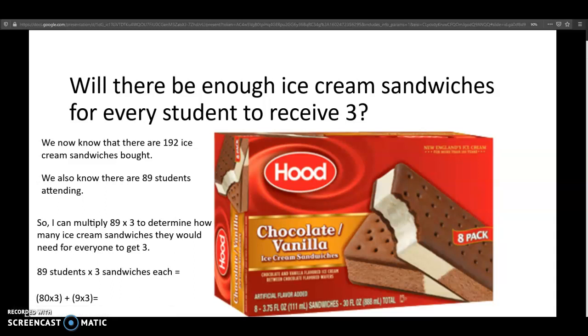Let's do it this way. 80 times 3 would be 240. I can't see it, so I'm just going to do it in my head. 240 plus 27 is 267. So 267 is what they would need if everybody got 3. They only have 192, so they don't have enough.